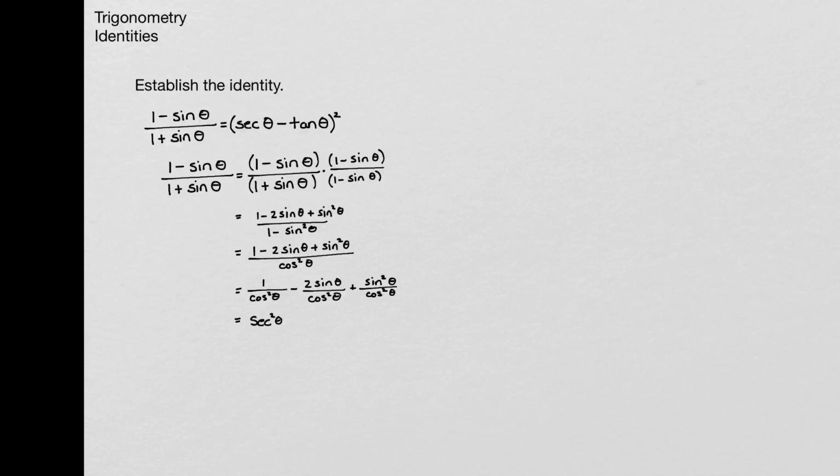Now, the middle term is a little bit problematic, but here's what I can do with this. I can write this as 2 minus 2, and then I have sine theta over cosine theta, not cosine squared, just cosine theta.